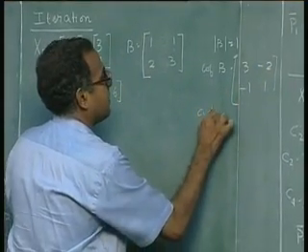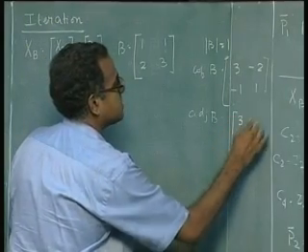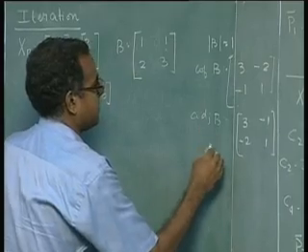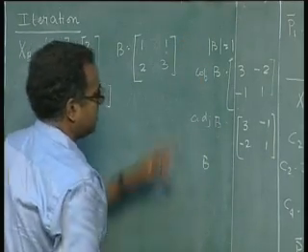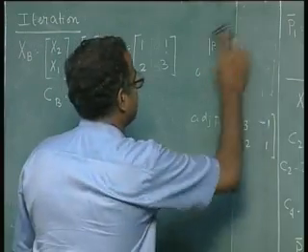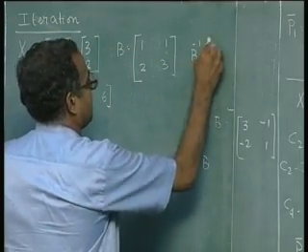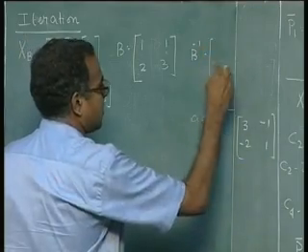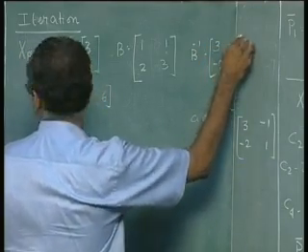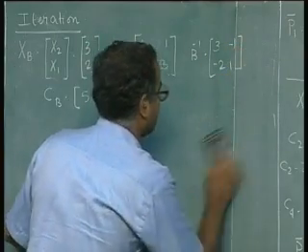Adjoint B is the transpose of the cofactor, so 3, minus 2, minus 1, 1, and B inverse is adjoint by determinant, so we just write the B inverse here itself, from which B inverse is adjoint by determinant, which is 1. So, 3, minus 2, minus 1 and 1. So, this is the value of the B inverse.